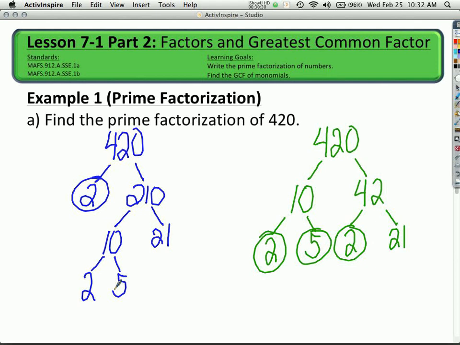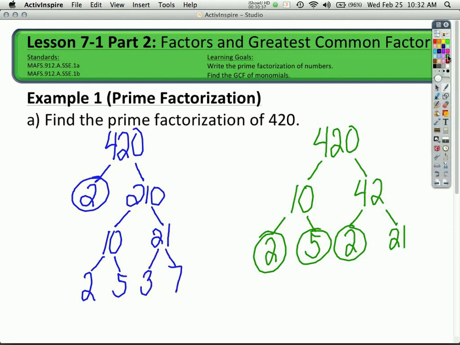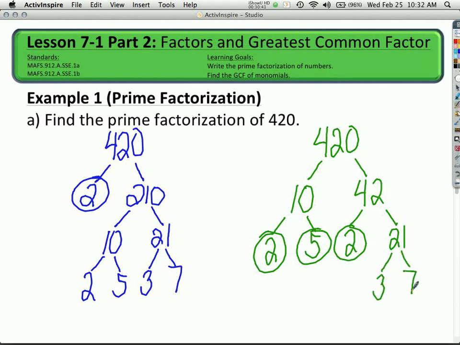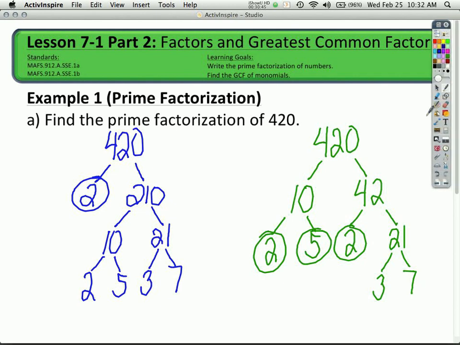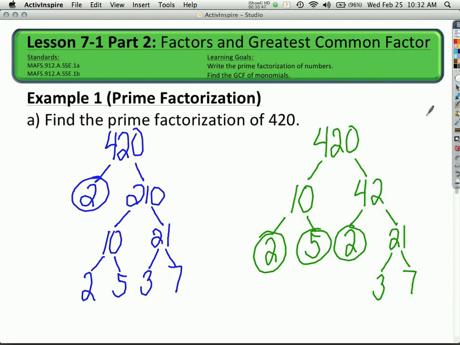Jesse? 3 times 7. And since we have a 21 over here, I can use that same factor pair, 3 times 7. So, any prime numbers that I can circle? Any prime numbers I can circle? Amari? 3 and 2. Any others? Paige?